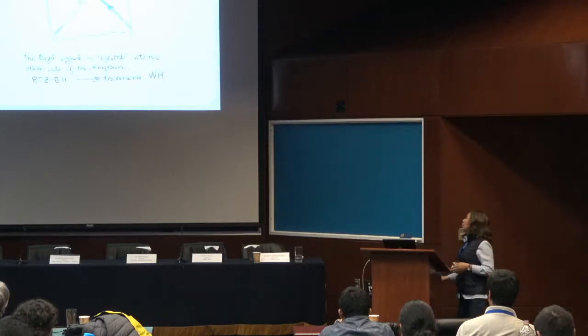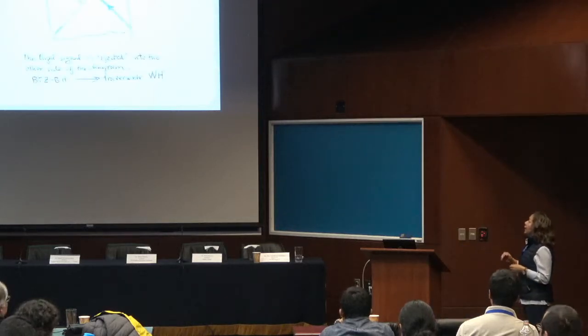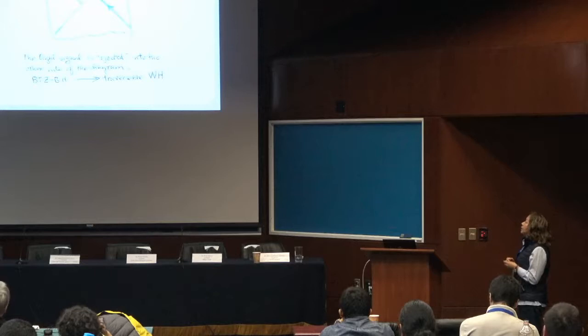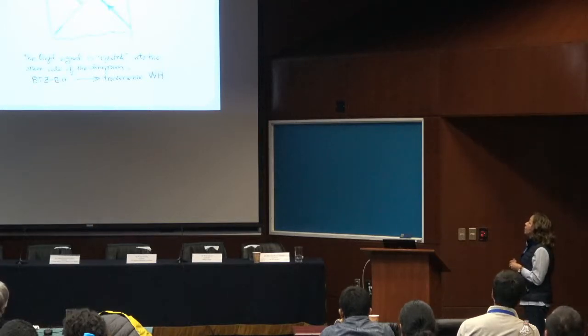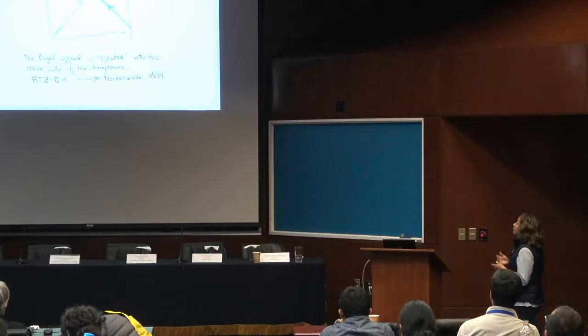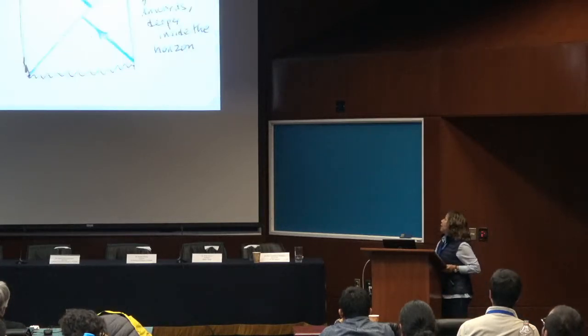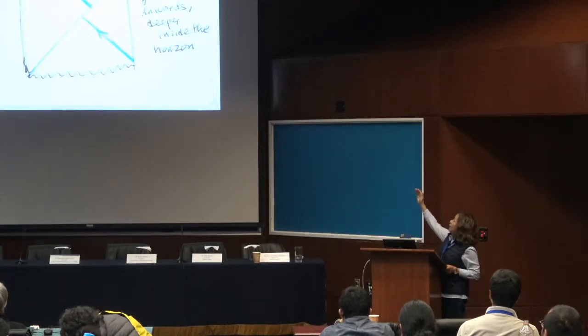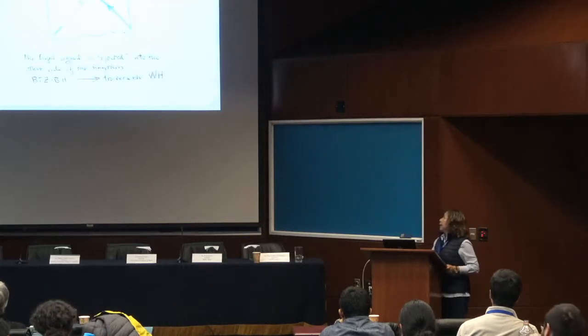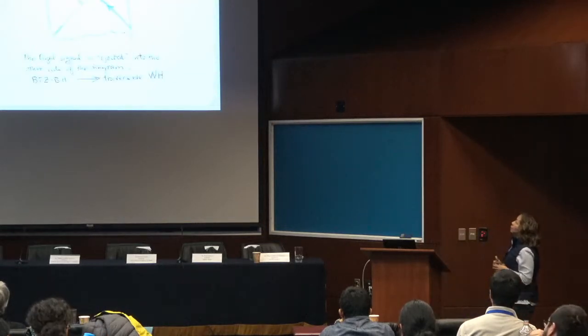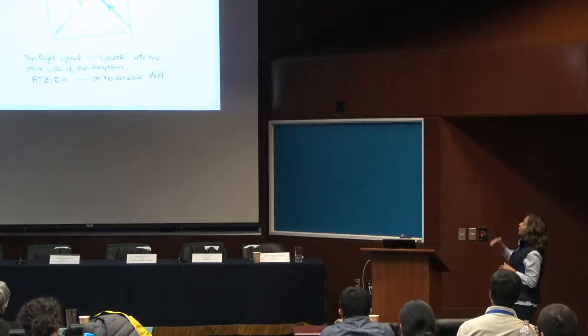But how about if we send, instead of positive mass or positive energy to the black hole, negative energy? Then the diagram will change, and the light ray, instead of going deeper inside, will be in the outer space of the other black hole.